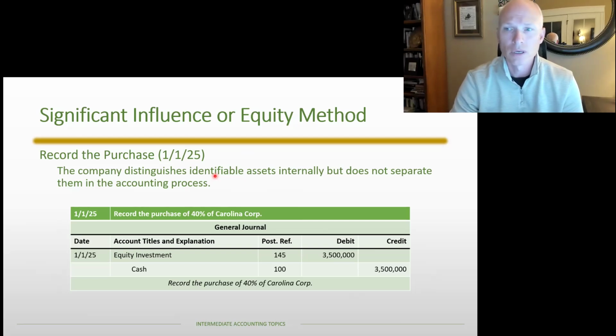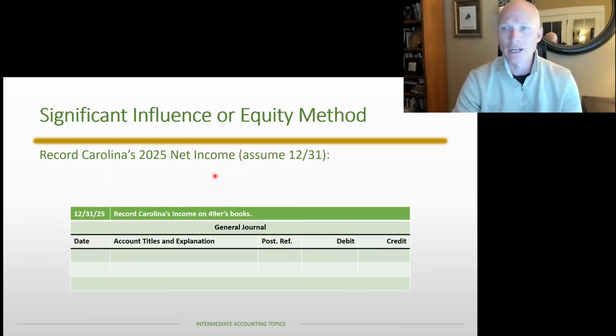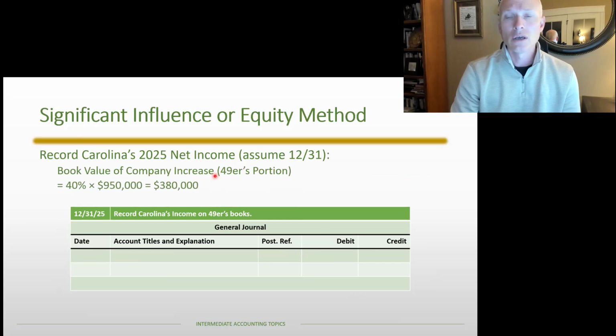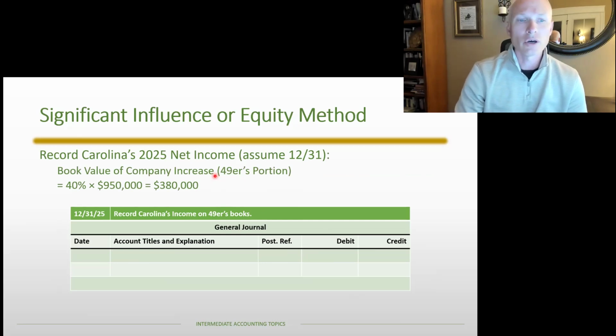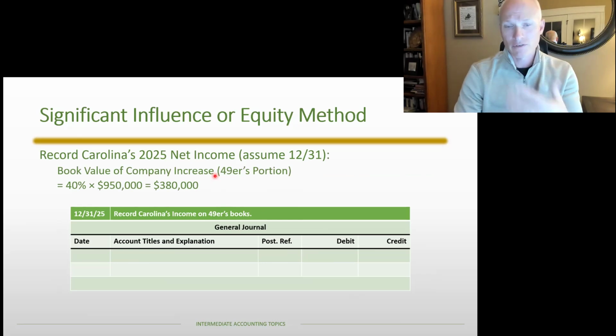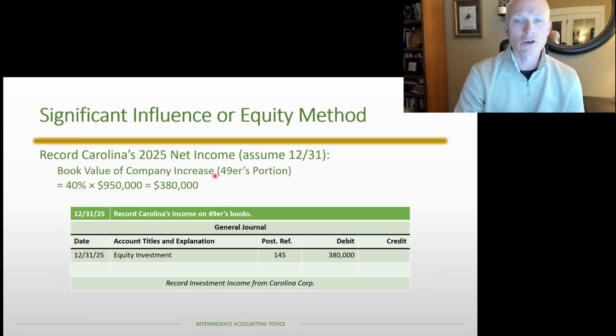And so then when Carolina, who's the investee, reports net income, the book value is going to increase. If the income is $950,000, that means that 40% of that income, as a proportional shareholder, belongs to me. In total, the increase in value of the investment from my perspective is $380,000, so that's going to increase the value of the equity investment.